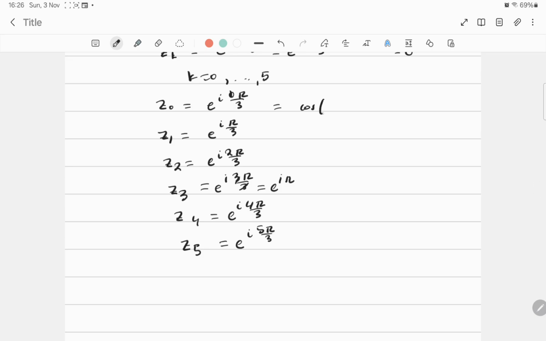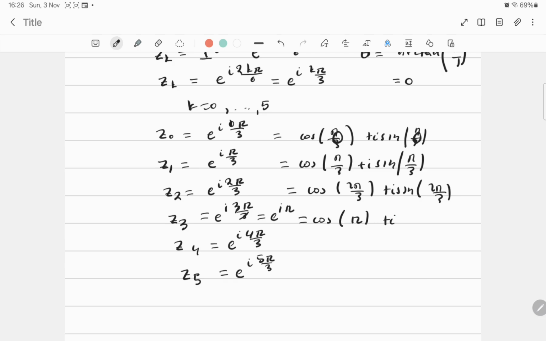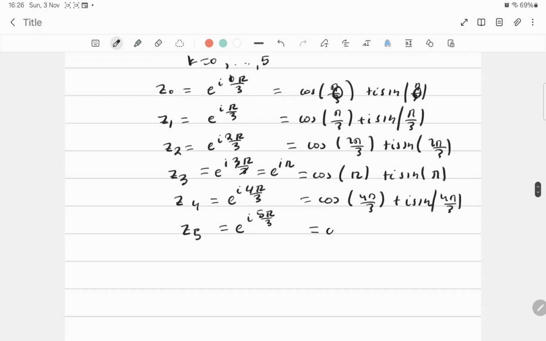So I can write cos 0 plus i sine 0, cos pi over 3 plus i sine pi over 3, cos 2 pi over 3 plus i sine 2 pi over 3, cos pi plus i sine pi, cos 4 pi over 3 plus i sine 4 pi over 3, and here cos 5 pi over 3 plus i sine 5 pi over 3.